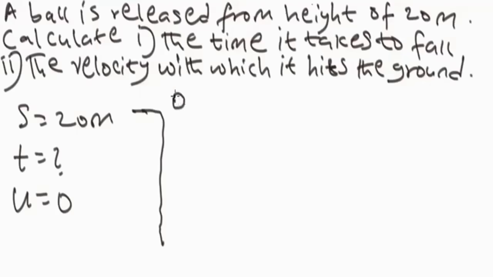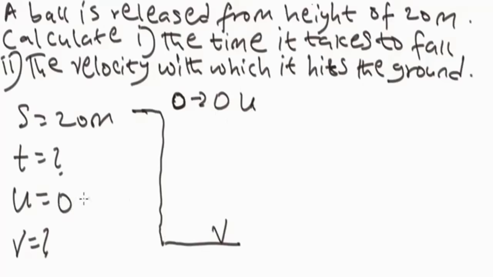Initially, the ball has an initial velocity of 0 before it starts falling. The final velocity is unknown, so the velocity it will have from here till when it hits the ground will be the final velocity. This one is our initial velocity, u, which is 0.